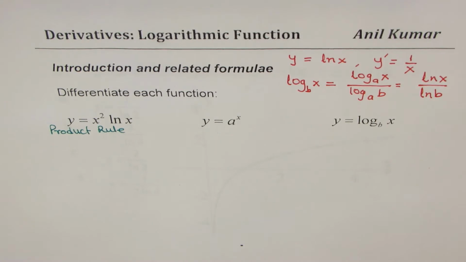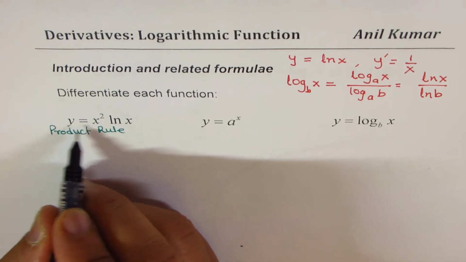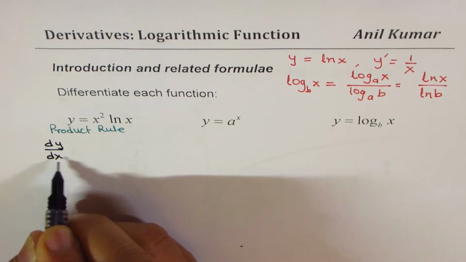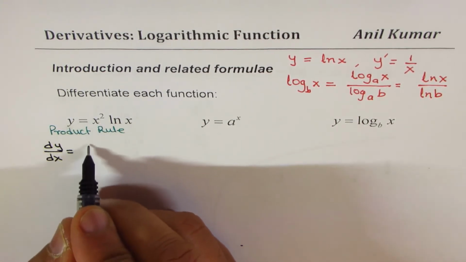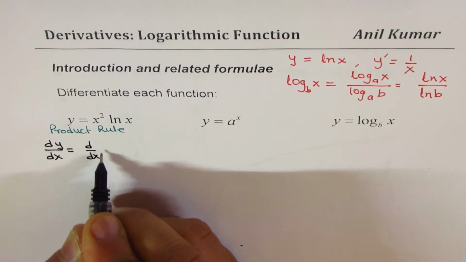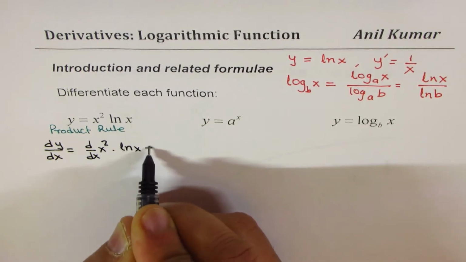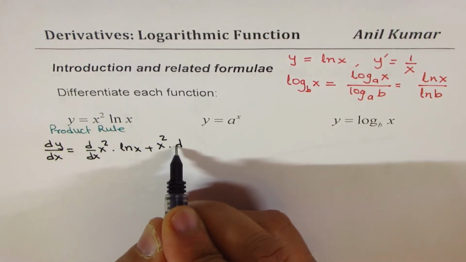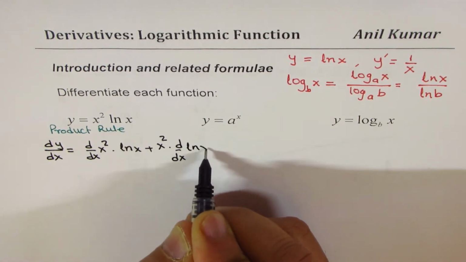Differentiating with respect to x on both sides, we have dy dx equals, product rule means derivative of the first function, so d dx of x squared times ln x, plus the first function times derivative of the second function, so d dx of ln x.